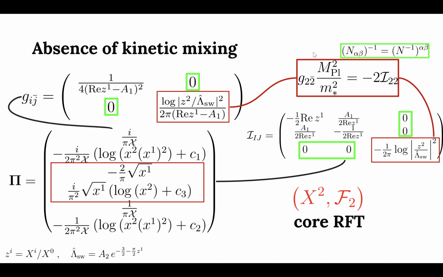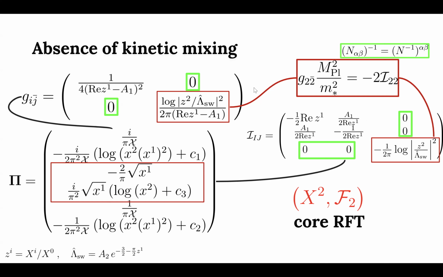One small thing I want to point out: by absence of kinetic mixing, we mean not only that the off-diagonal entries of these matrices should vanish, but better, that the inverse of the restriction of these matrices is given by the restriction of the inverse. This may be confusing, so you can forget about this last sentence.